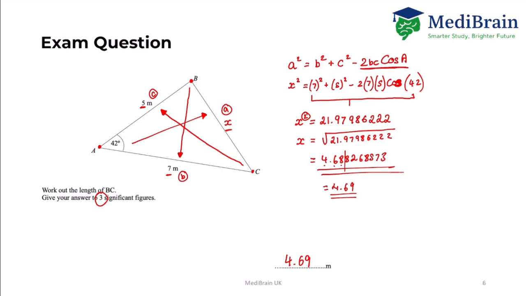So that's how you would answer a question like this when you're working out the length of a side. So hopefully that's made sense. If you guys have any questions, let me know in the Q&A and I'll answer them for you.